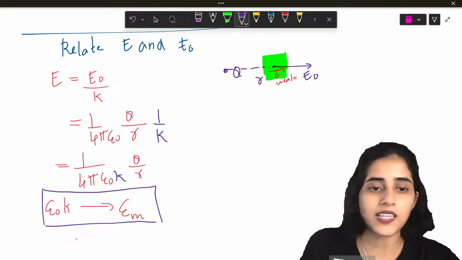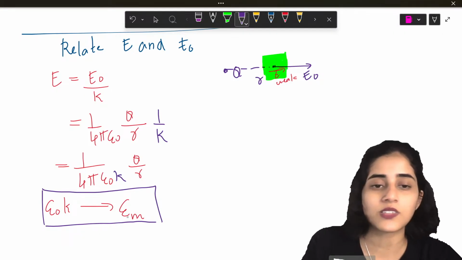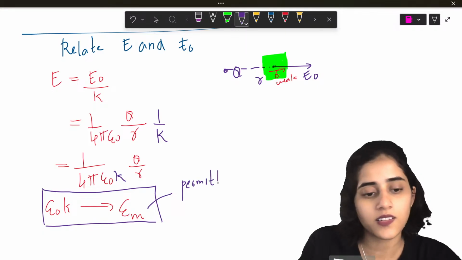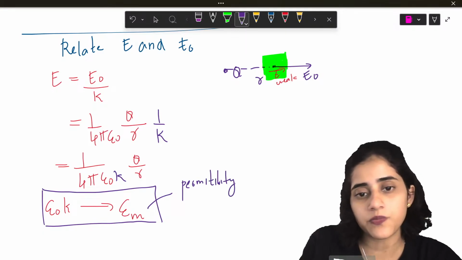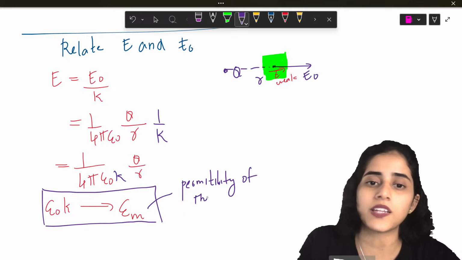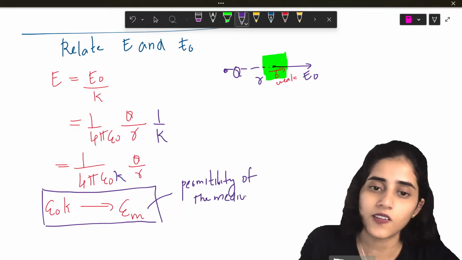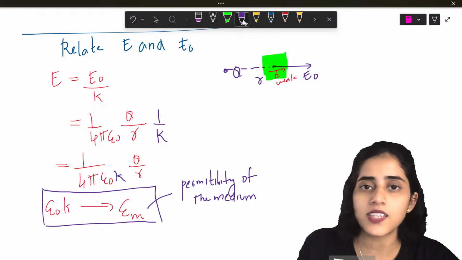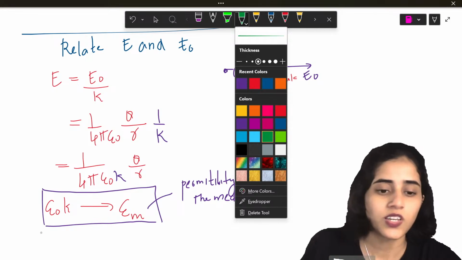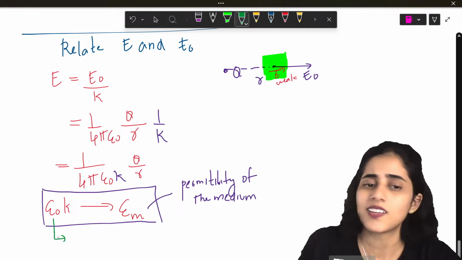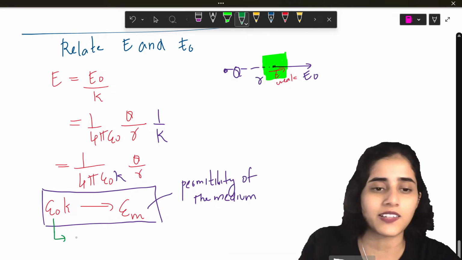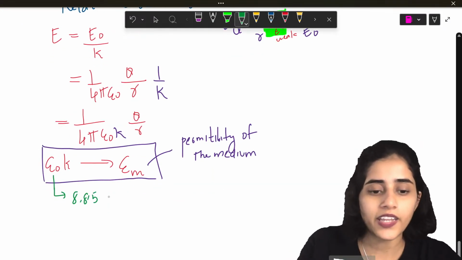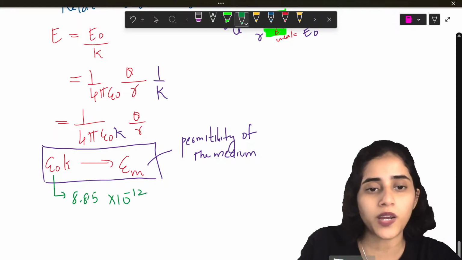So this is basically the dielectric. Epsilon M is called the permittivity of the medium. And here they have values. What is the value of epsilon naught? I'm sure you've all memorized it by now: 8.85 into 10 raised to minus 12.